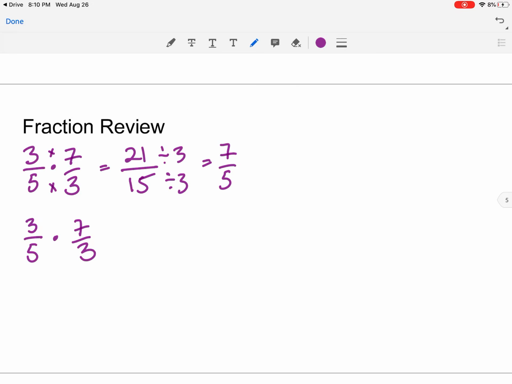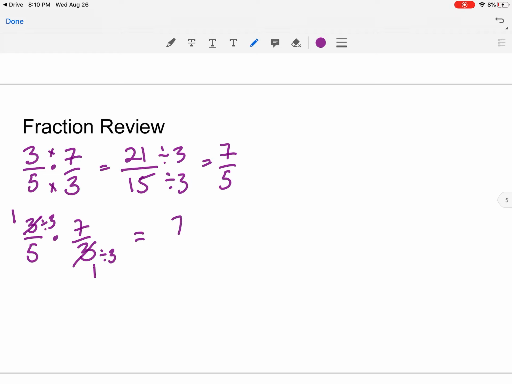I could say that I see a 3 here on the top and I see a 3 on the bottom. When they're diagonal from each other, you're allowed to cancel them before you multiply. Because what you're doing is you're saying, this 3 is divisible by 3, and this 3 is divisible by 3. If I do the same thing to the top and the bottom, that becomes 1 and this becomes 1.